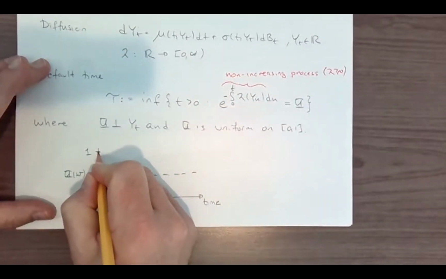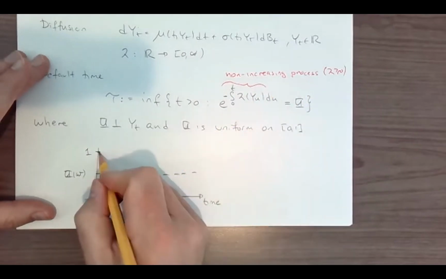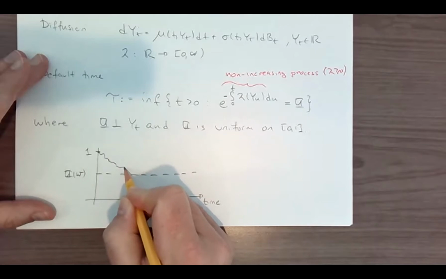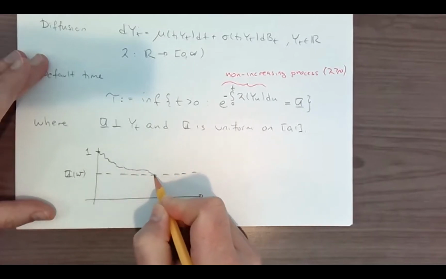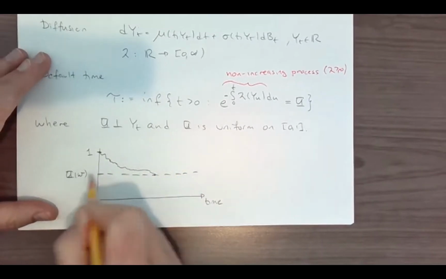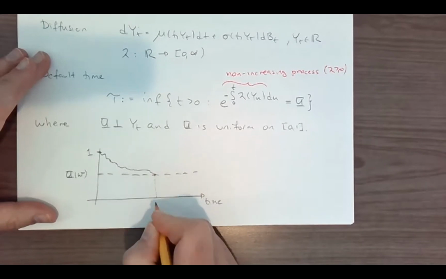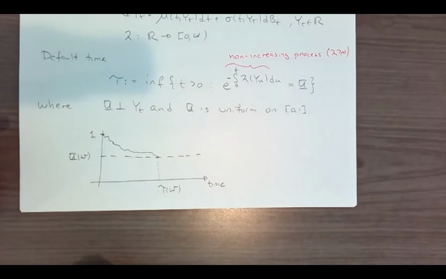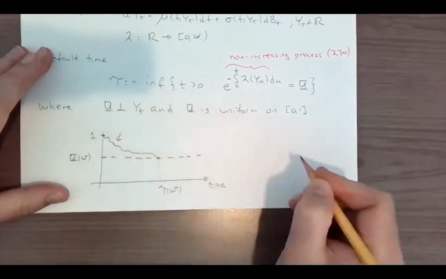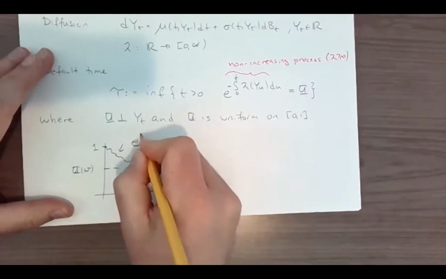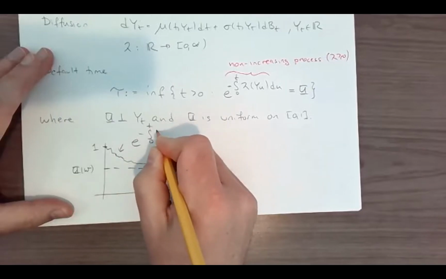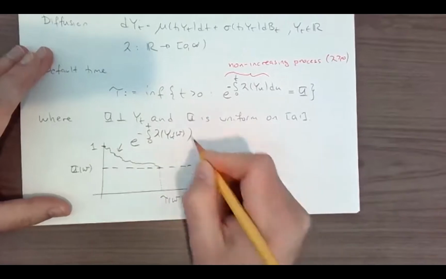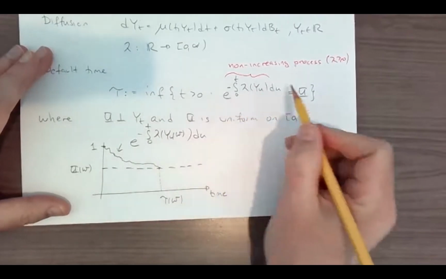So it starts here, and then it's a non-increasing process, and it goes down, it's random. It could be flat somewhere, you go down, and then when it hits the level U, this is where tau comes into play. The path you see here is my attempt at illustrating a path of this exponential of Y.